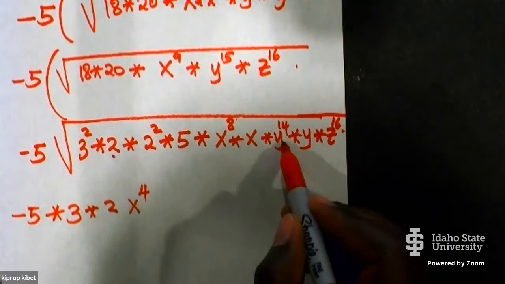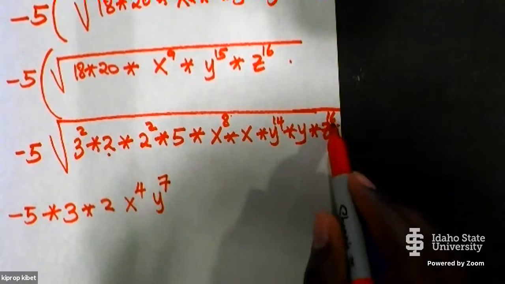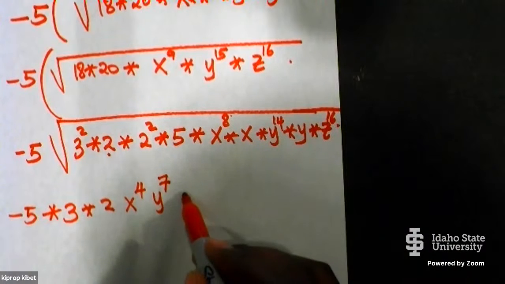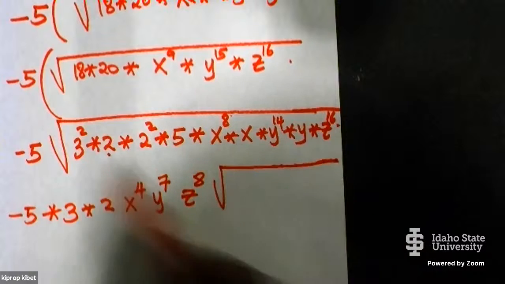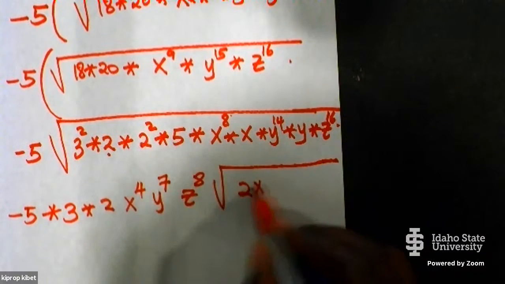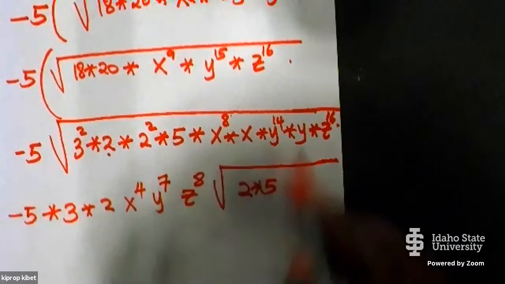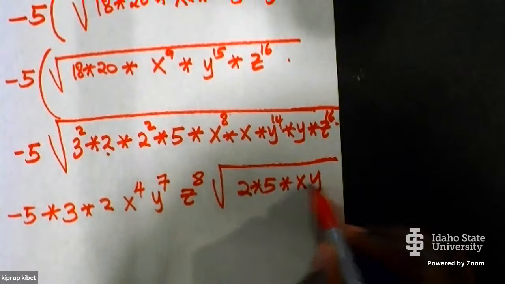This y will come outside, so y raised to 7. This 16 here will now be z raised to 8. And then the ones which don't cancel are 2 times 5, and then times x, and then times 1.